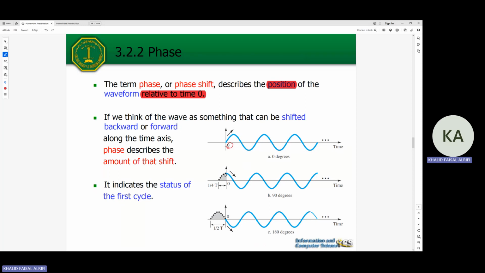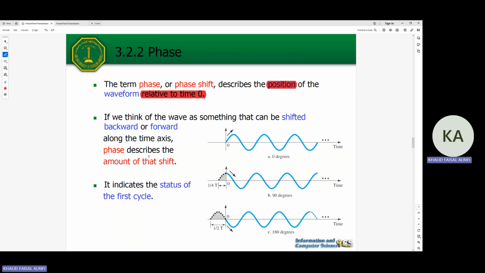What if it starts from the top? It will be 1/4 of the period. If it starts from below the x-axis, it will be half of the period. But if it starts from the x-axis, it's the normal case. If it starts above the x-axis, it will be 1/4 of the time period, and so on.